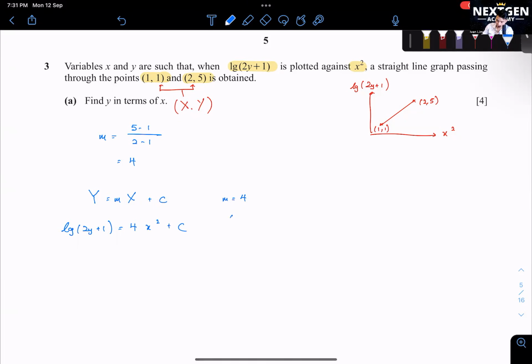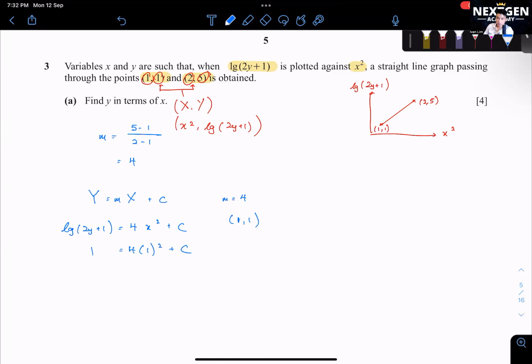let's say I use (1, 1), most students will go and sub in 1 and 1 here. Wrong. Remember, this point, all this (1, 1) and (2, 5), is already x squared and lg(2y + 1). So this entire thing is actually 1, and this one is also 1.